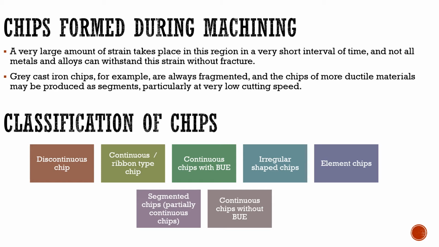It is extremely difficult to predict the type of chip that will form, and the best way of determining this is experimentally. A very few cuts under the conditions of interest will clearly indicate the type of chip involved and the type of analysis to be applied.